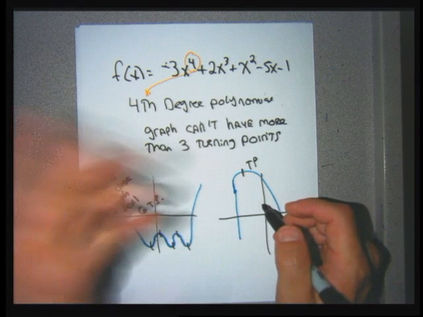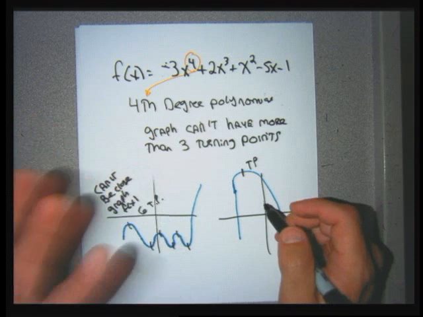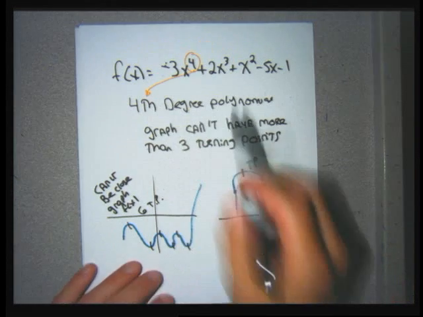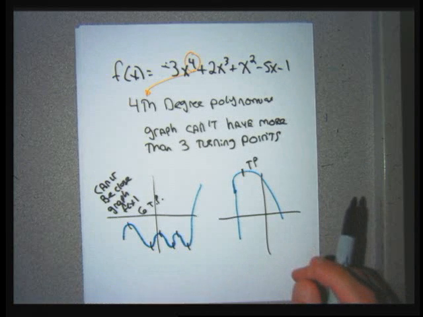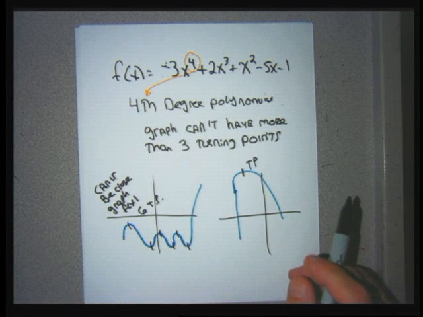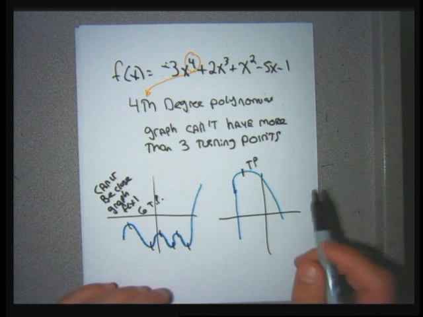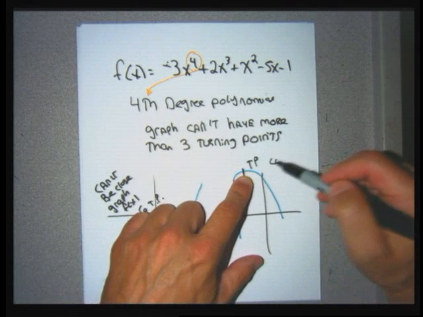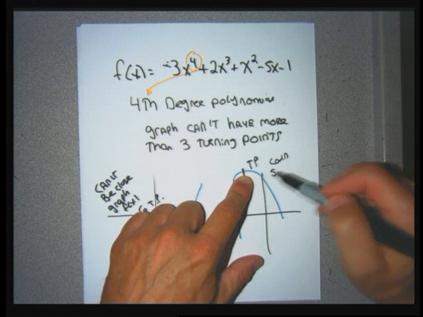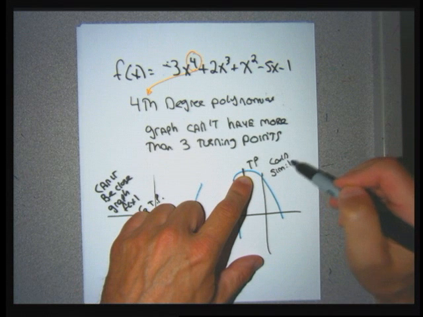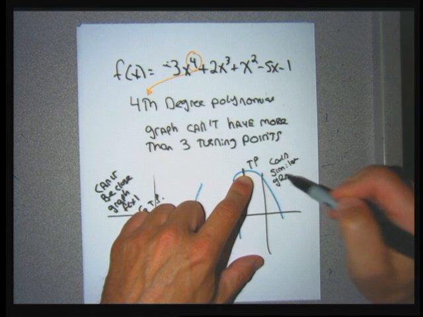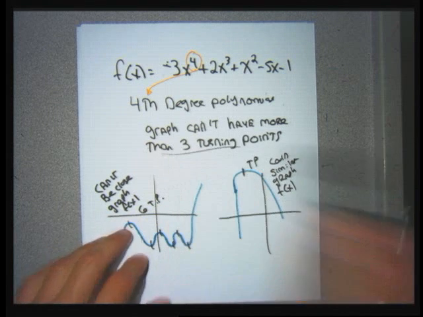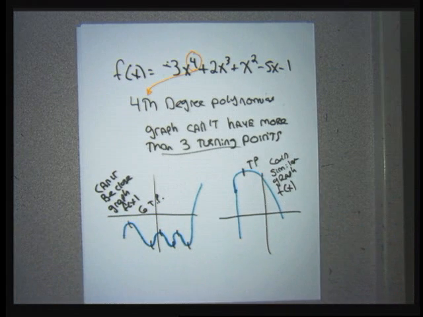If it doesn't have any turning points, I'm going to take that back. It doesn't even have to have a turning point. But this could be similar to the graph of f of x because it doesn't violate the number of turning points.